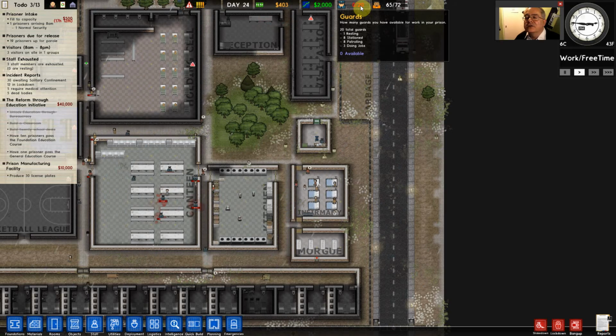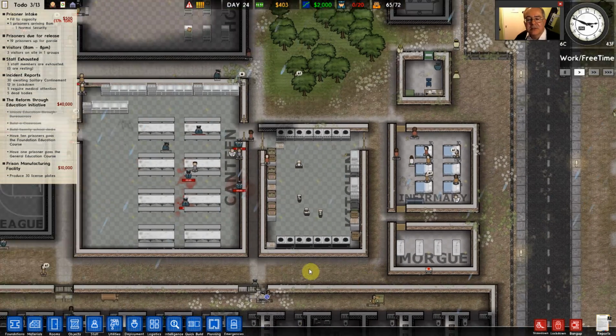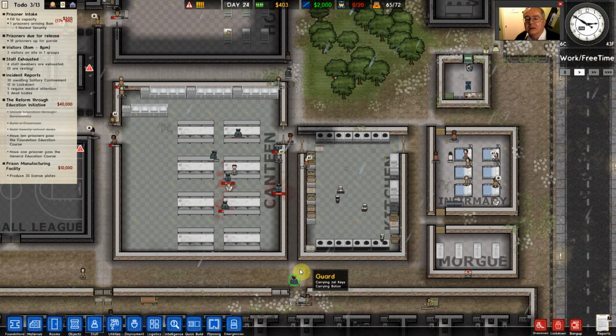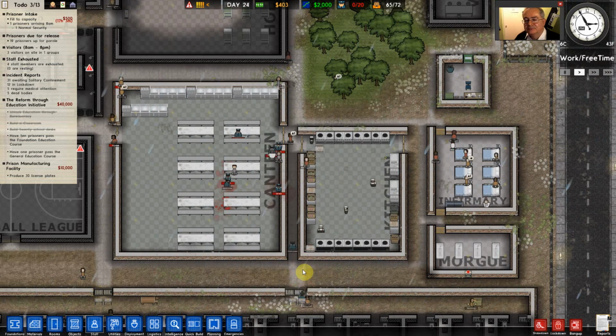One resting, 8 stationed, 8 patrolling, 3 doing jobs. There's not many doing jobs, but we'll see how it goes. So, okay, now if there's a morgue, they can move them to the morgue. Well, it's not very hygienic leaving them in the kitchen, is it?